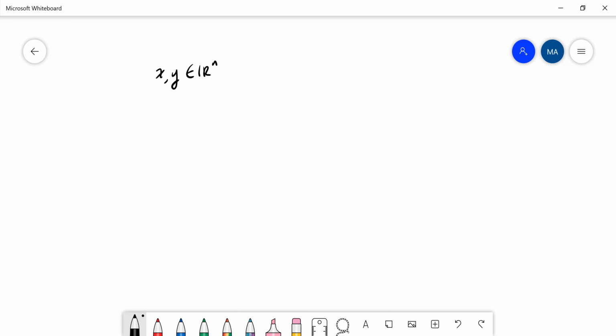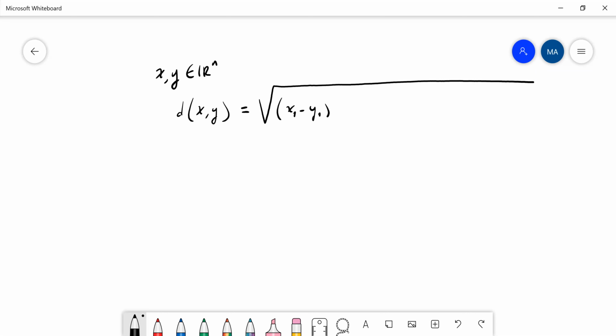The Euclidean distance is simply the square root of (x1 minus y1) squared plus (x2 minus y2) squared, up to (xn minus yn) squared. So it is a distance, the vectoral distance.